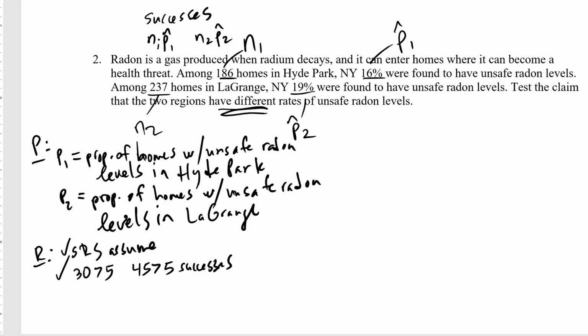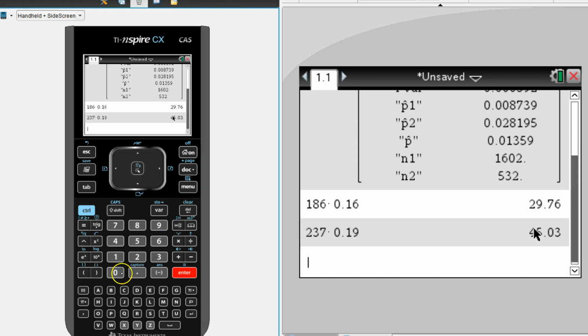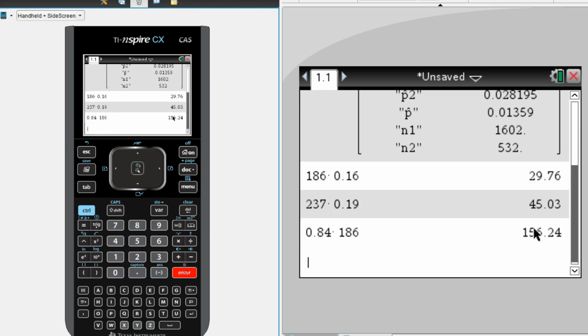How many failures? Well, I could actually do the complement, so I could do 84% times 186. Or I could have just said, well, look, if 30 homes were whatever success, whatever we call it, I don't know if that's unsafe, I think it is, then 186 minus 30, the other 156 would be failures.